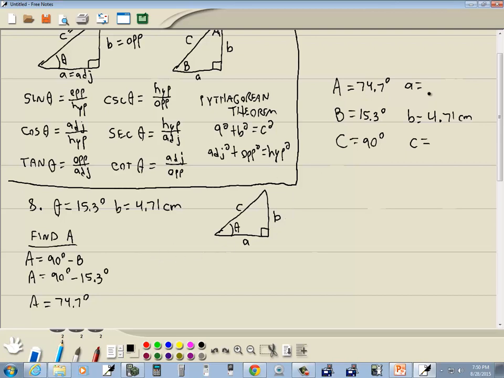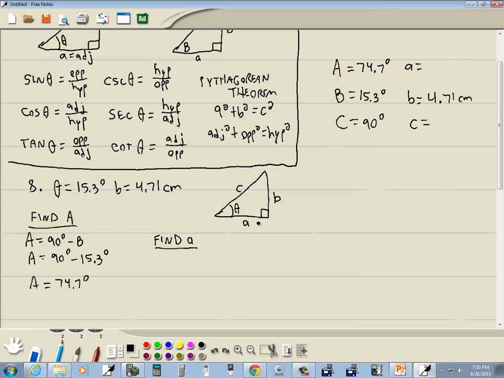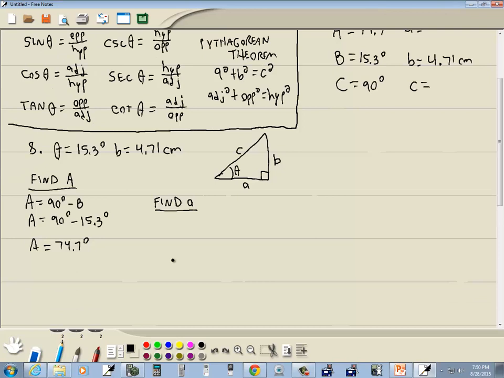Okay, now let's find side A. And notice uppercase A versus lowercase a. Uppercase A is the angle, and again, lowercase a is the side. Well, let's write down our triangle and see what in the world they give us. Then we'll go from there. Now they're telling us that this angle here is 15.3 degrees.